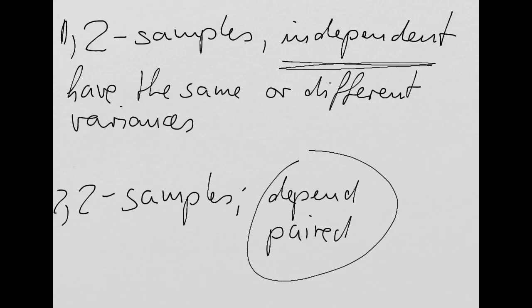And we discussed what a variance is, where we simply take the difference between the individuals and the mean, square that, add them all up, and divide by n minus 1. It could be that they have the same or different variances, and in both cases, the calculation would be different.